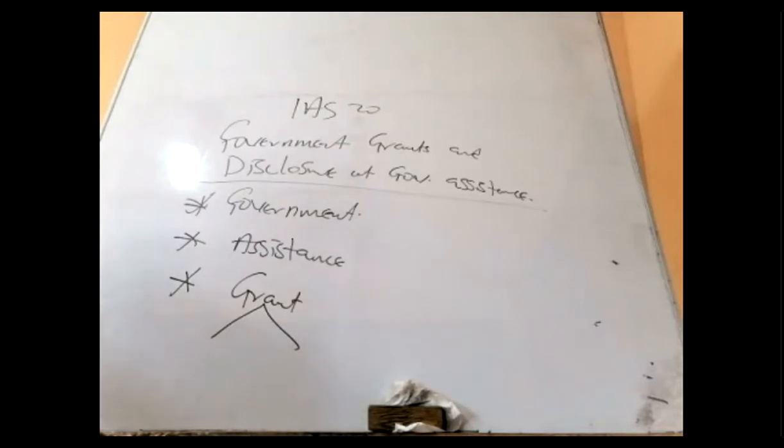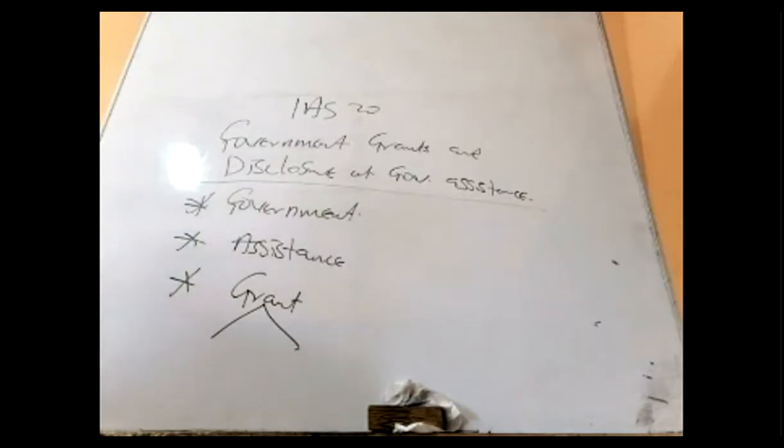Now what happens is this: you must fulfill the condition for the government to support you. There's no free lunch anywhere. So assistance is just a mere support given out by the government to the entity.